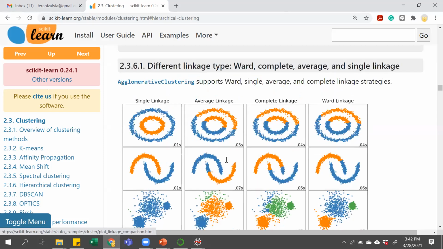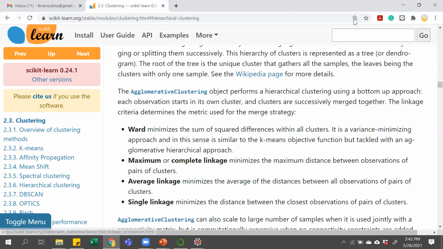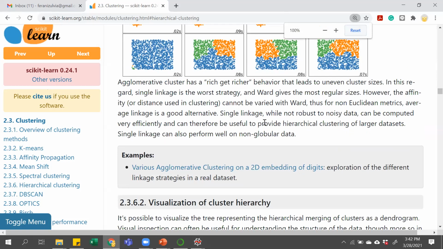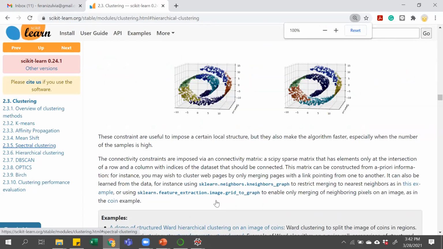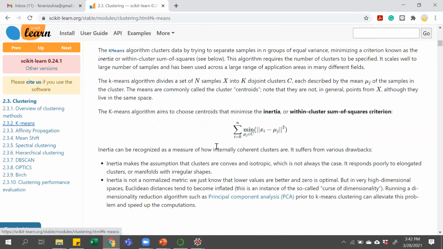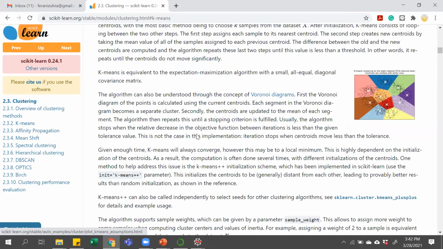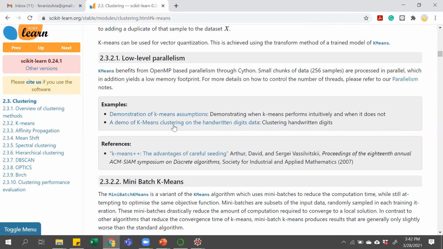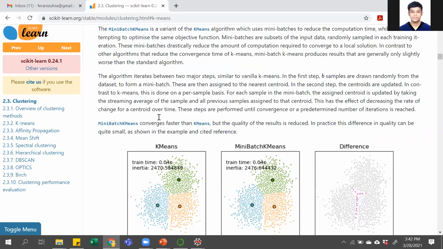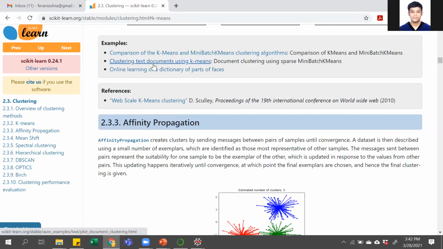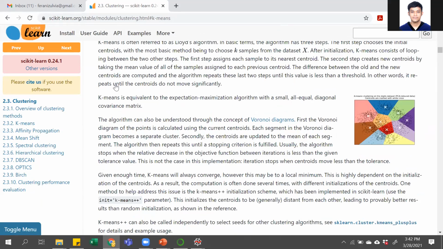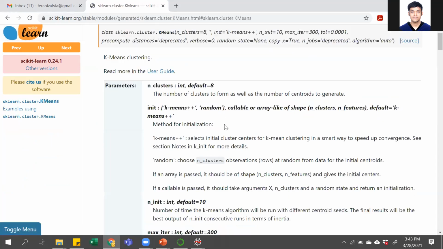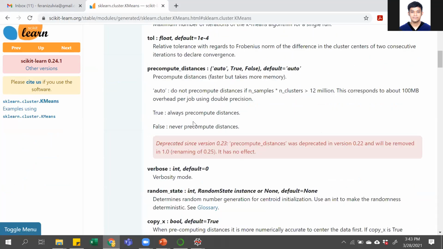In the package documentation, they already give you examples. For example, k-means here, and if you open this, they give you the example of k-means. You can try k-means here.